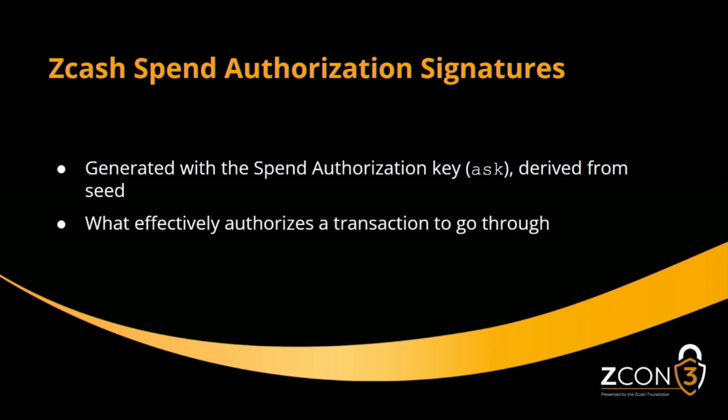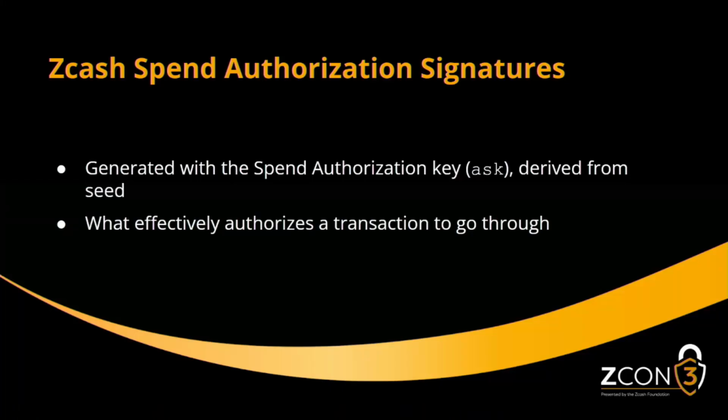Sprout was a bit different. But basically what happens is that when you create a transaction, when you want to send ZEC to someone, you need to digitally sign the transaction with a private key. This is a spend authorization key, in the specs called ask, and is derived from your wallet seed or main secret.